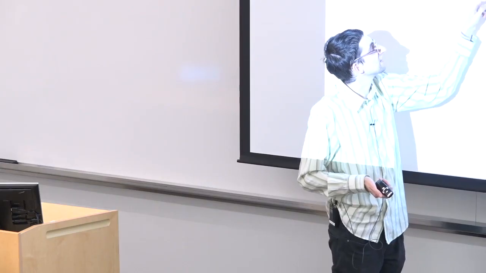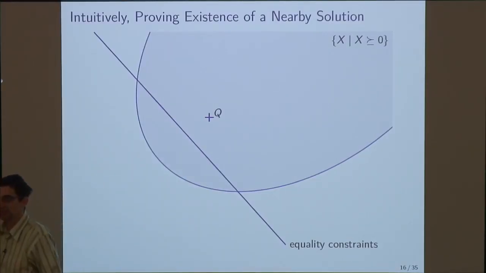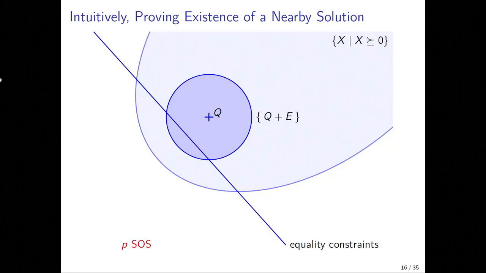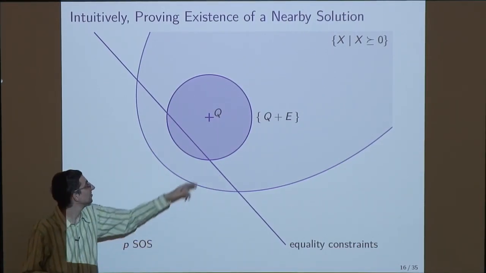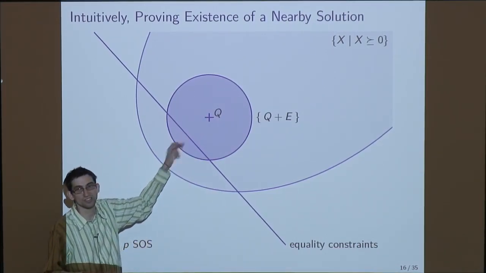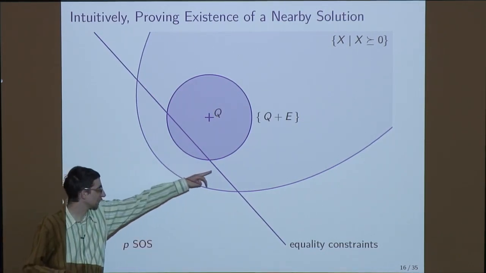I ask my solver, and it answers something that is not quite on the line and hopefully is in the light blue area. So what we do is to compute the distance between this point and the line, and we will try to prove that the ball with this radius around Q is entirely inside the light blue area, in which case we indeed have a solution since the ball intersects the line.